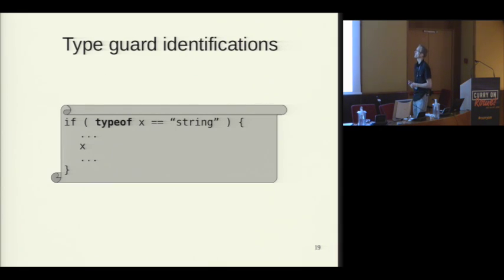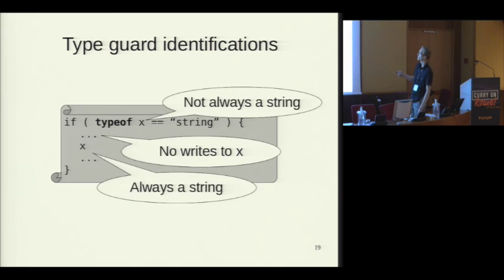A very different thing we can extract from trace typing is type guard identifications. So JavaScript has many occurrences of this programming pattern, where some kind of type test is performed on a variable, and then the variable is used as that type inside the if branch. The question is, what are the kind of type guards that you need to support in order to have proper elimination of union types?